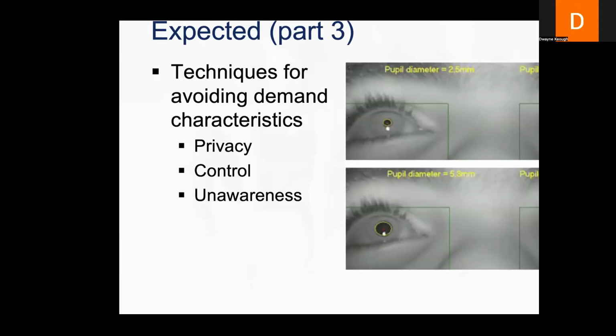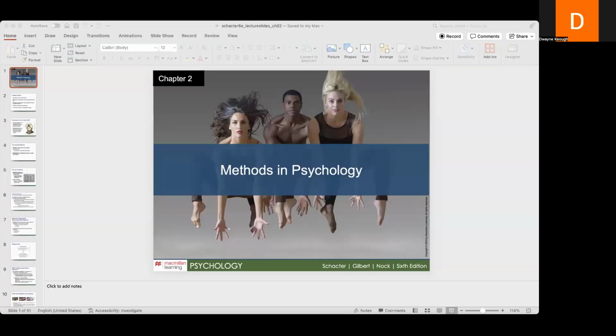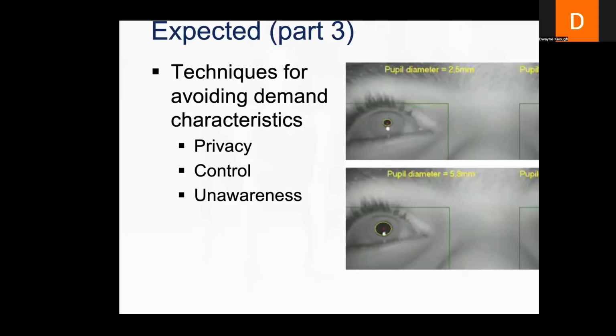Another way to help avoid people acting the way that we might think we would want them to act is to try to do things where there's privacy, there's some control in the environment we're doing things, but importantly, they're unaware that they're being observed. The image on the right shows that when you're bored, your pupils themselves have a smaller diameter than when you're interested in something. Your pupils dilate.